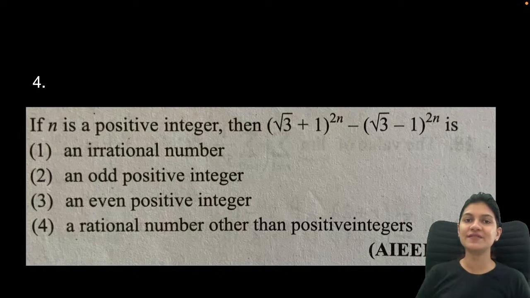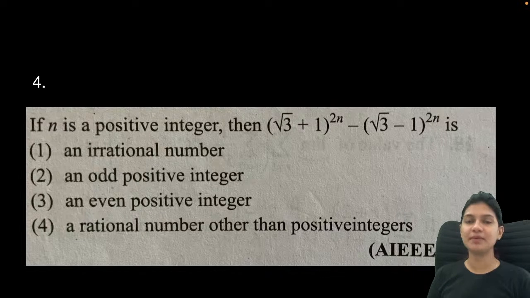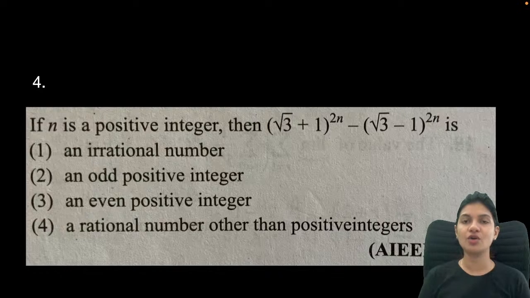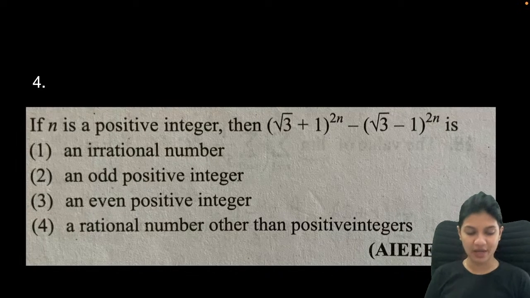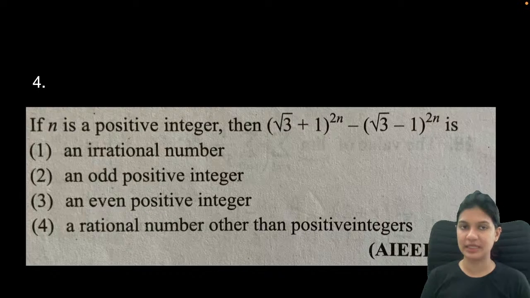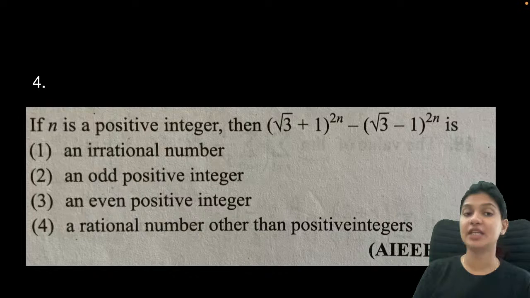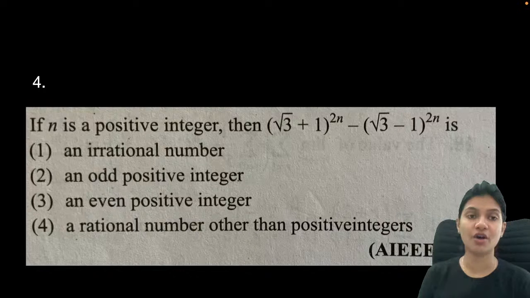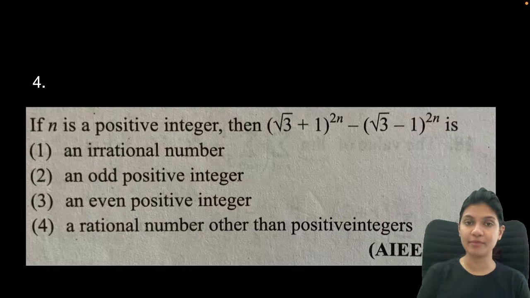If n is a positive integer, then (root 3 plus 1) to the power of 2n minus (root 3 minus 1) to the power of 2n is option 1, an irrational number; option 2, an odd positive integer; or an even positive integer; or a rational number other than positive integers.